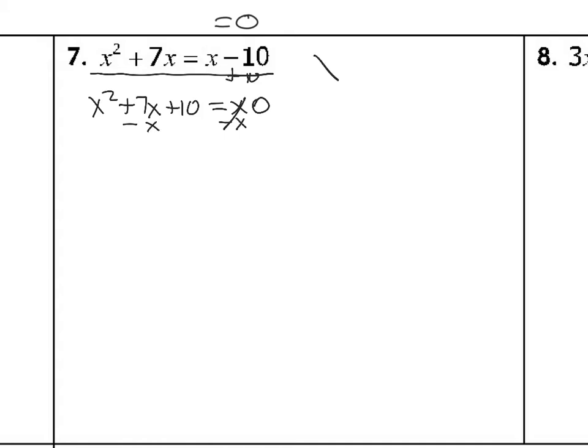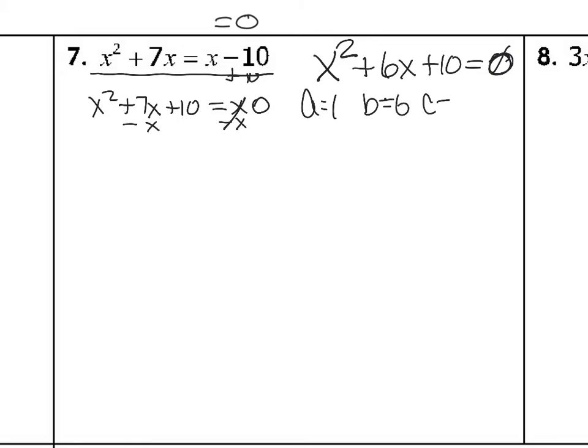So we'll be good. But I need to subtract it over here as well. So now our equation is going to end up being x squared, and then 7x minus x is 6x plus 10 equals 0. All right, so now it's equal to 0. That means we can say A is 1, B is 6, and C is 10.